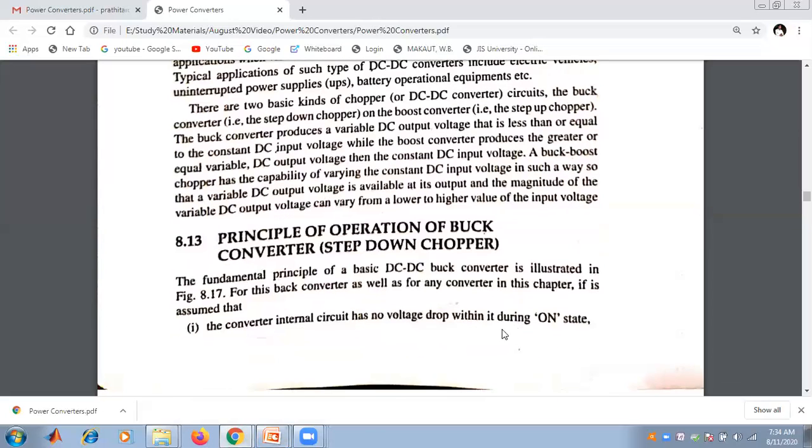Now, today I am going to discuss the principle of operation of buck converter, that is known as step down chopper.